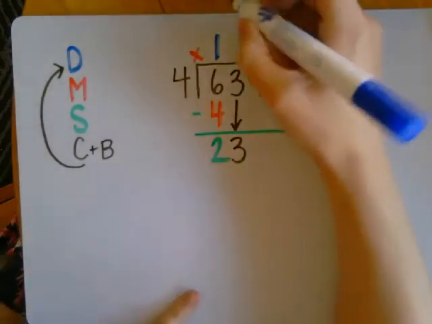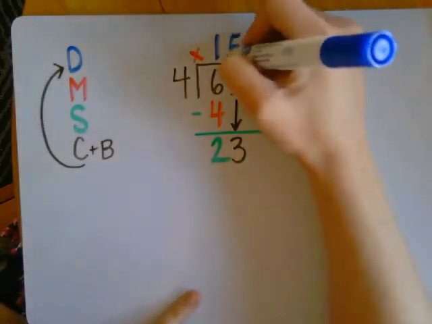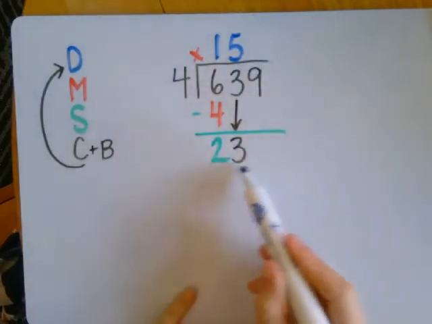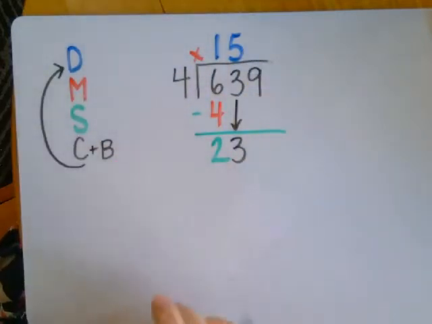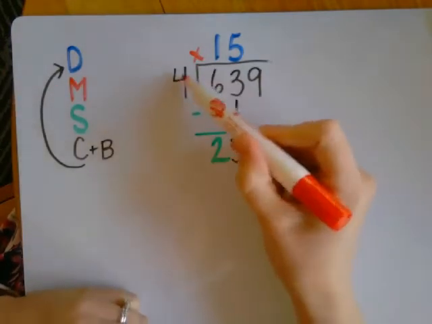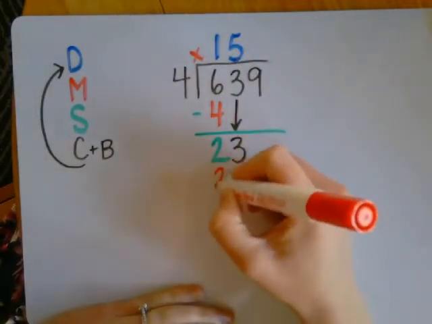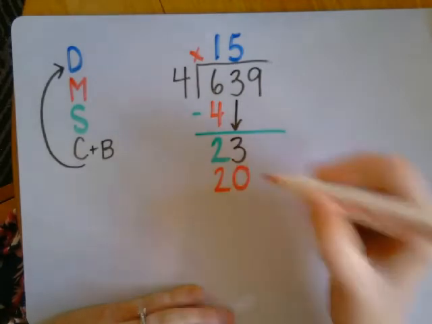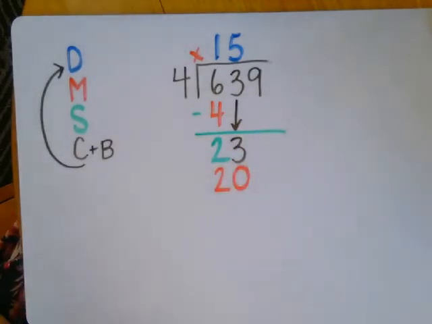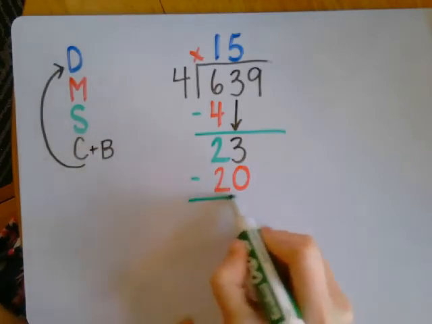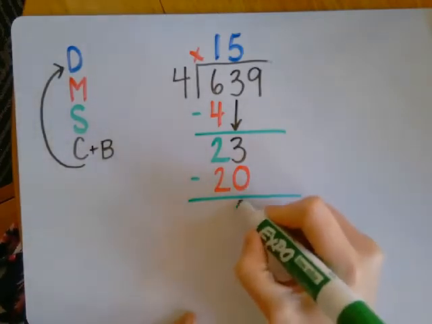So that 5 goes right above the 3, since that tells me how many groups of 4 I can make out of 23. All right, my next step is to multiply. I need to multiply 4 times 5, and I know that to be 20. Next, I need to subtract 23 minus 20, and that gives me 3.